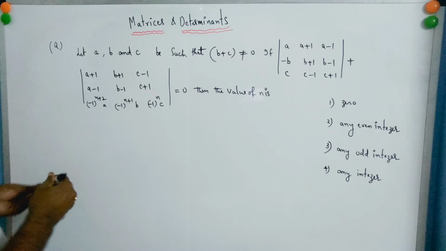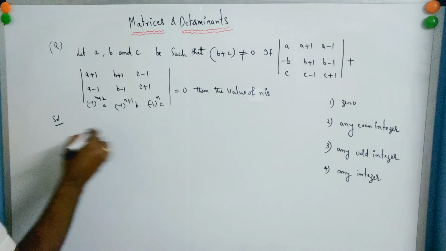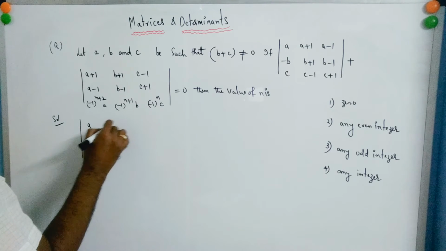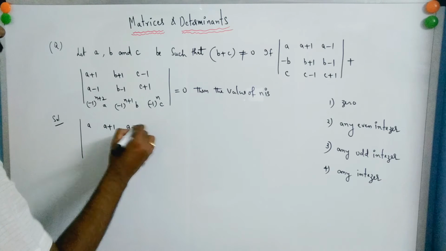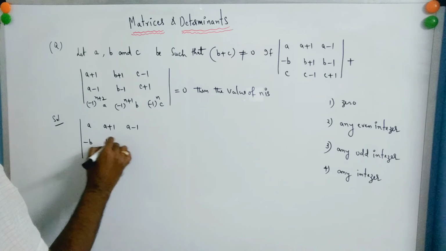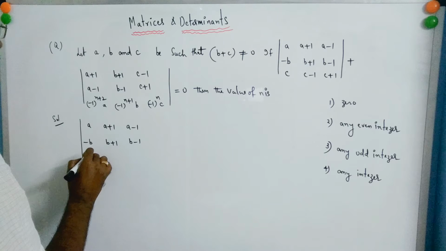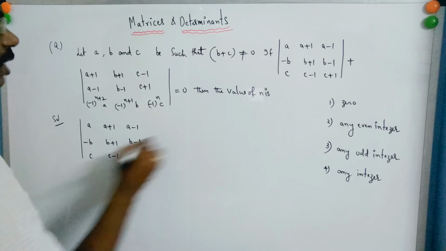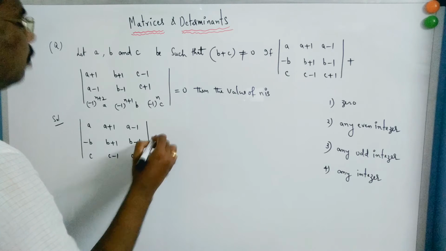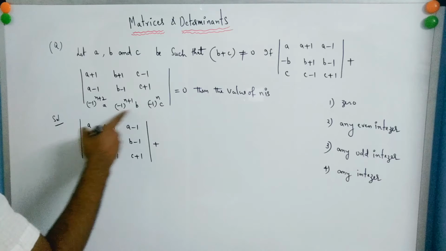now here, the determinant of the matrix with rows A plus 1, A minus 1, minus B; B plus 1, B minus 1, C; C minus 1, C plus 1. Okay, now here minus 1 power n is there in every row.